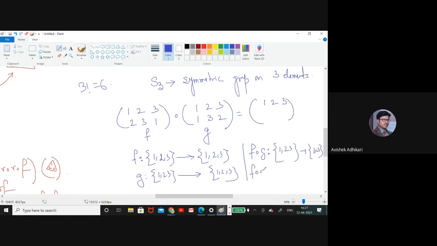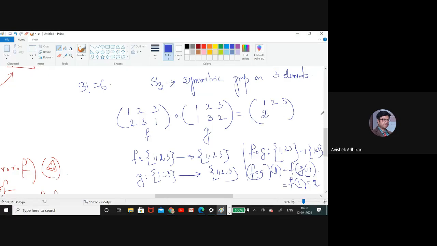Now what is f composed with g evaluated at 1? That means f of g of 1. What is g of 1? Here g of 1 goes to 1. That means f of g of 1 is f of 1, which is nothing but 2. So f composed with g of 1 ultimately goes to 2.